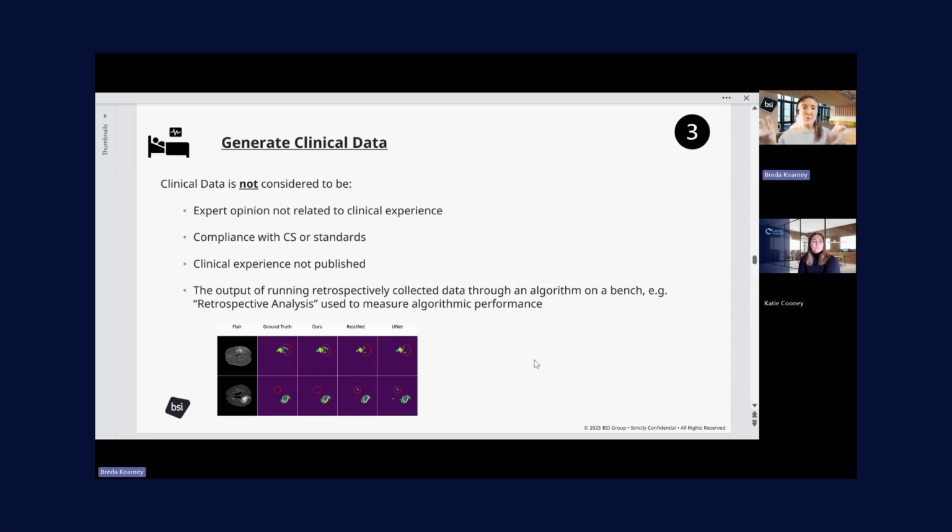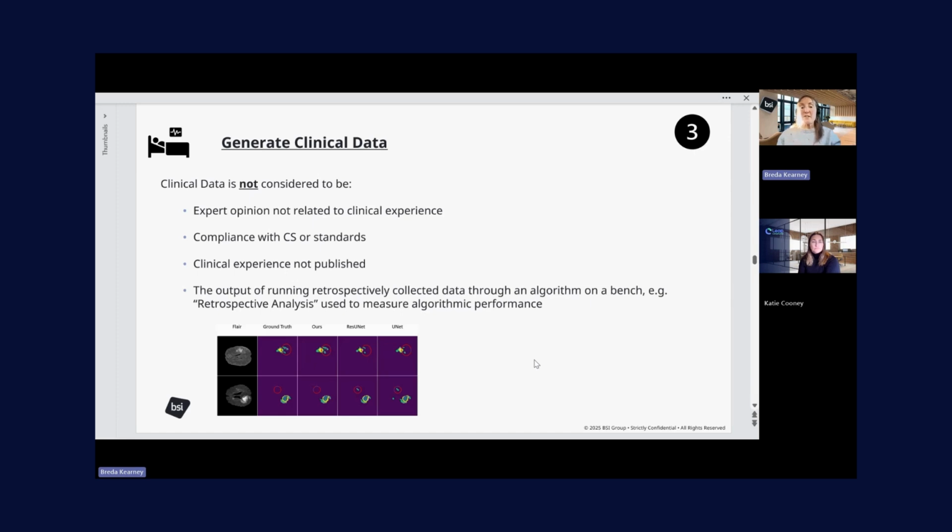So it's like your known truth. So you can train your algorithm using the known truth or the reference images, and then you can have a subset of images that you can use as your testing data, and you can push that through the algorithm to see, does it work? Is it giving me the expected results?